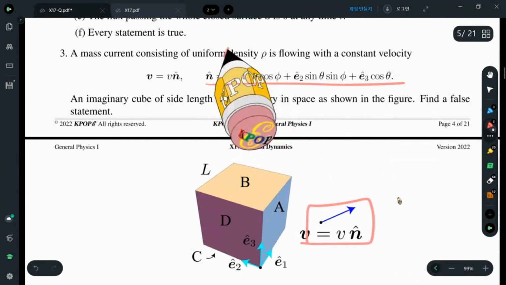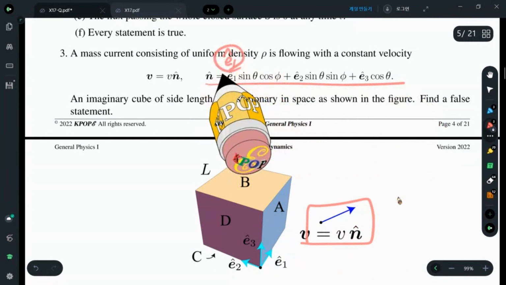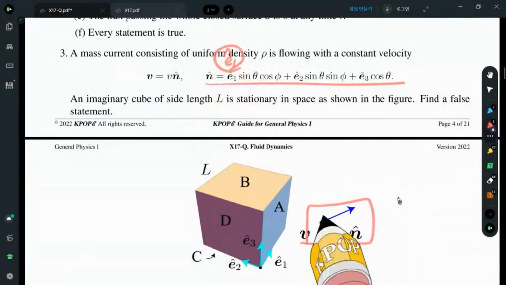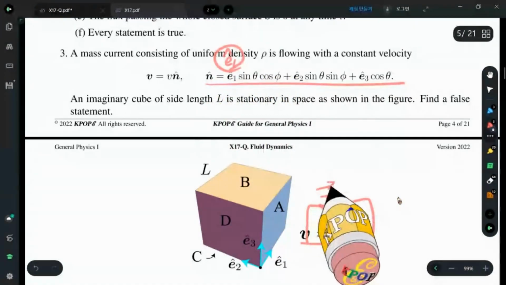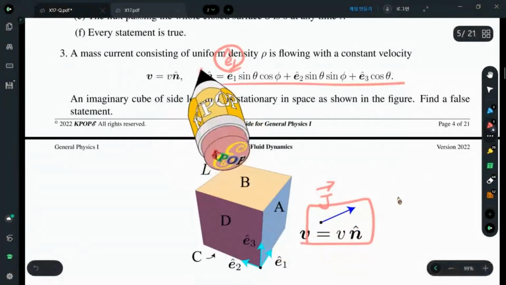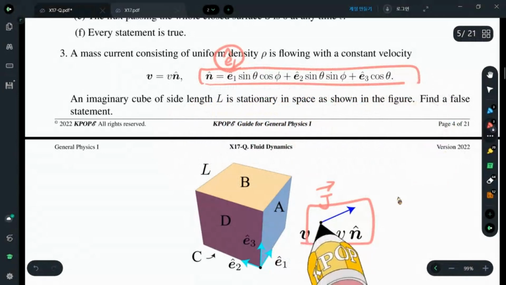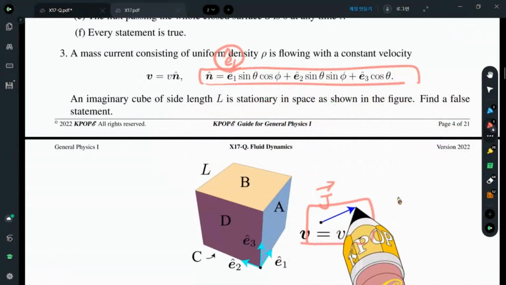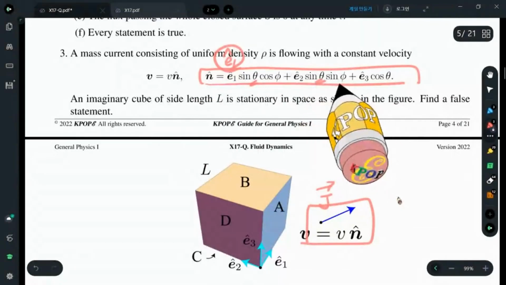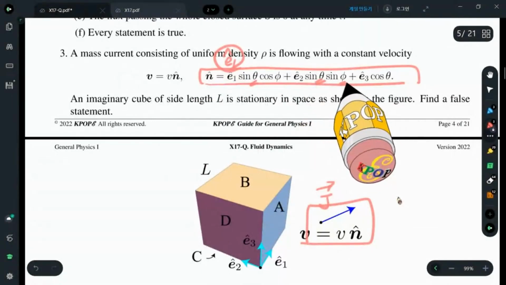In the previous case, we had E1, and this current density was proportional to E1, but we changed this one along an arbitrary direction with the polar angle theta and azimuthal angle phi.